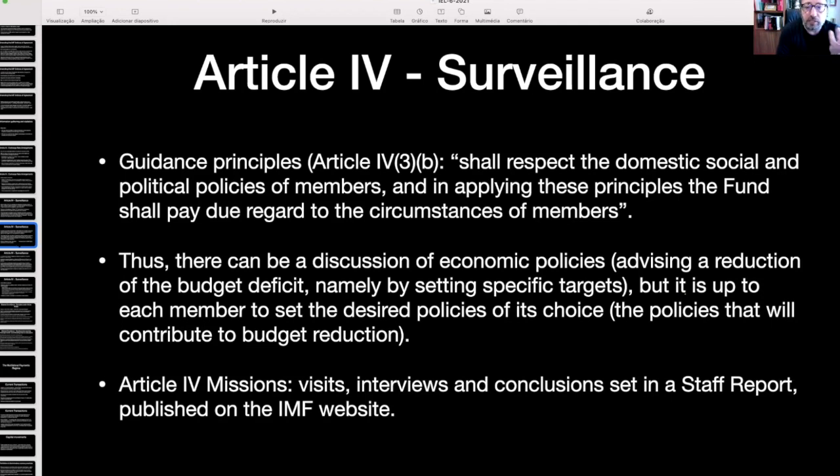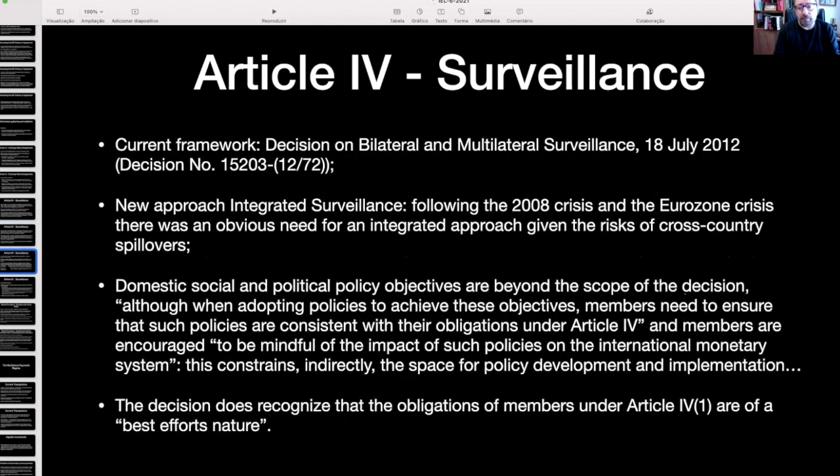So this creates a dichotomy between countries who need the fund, and they're much more careful to make sure that the fund does not excessively criticize their economic policies, and members that do not plan to resort to the fund, and so they can just brush aside any concerns or criticisms made by the IMF. Plus, there's also the problem of the orthodoxy that is followed by the IMF.